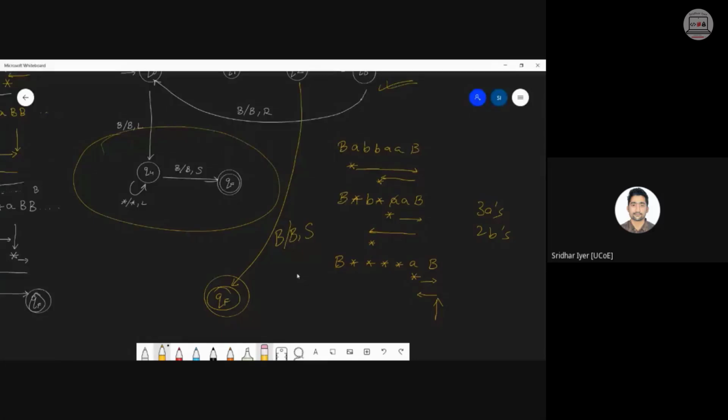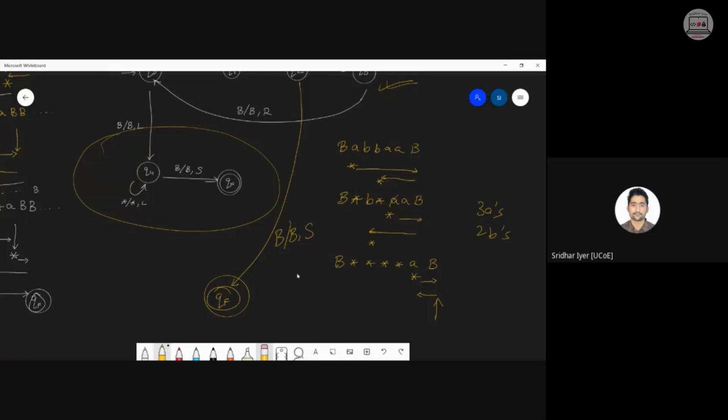You only tell me if it is clear or not. Is the logic clear? Is it simple? So we don't need any check state. As soon as our A becomes one more, it simply means that number of A's is more than number of B's. For that corresponding A, we are not having any more B's left on the input tape.